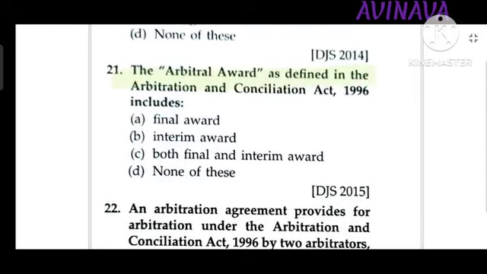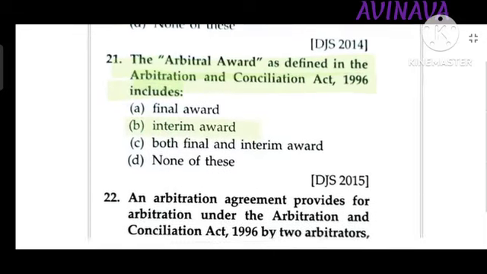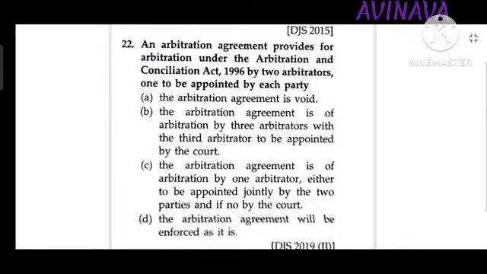An arbitration award as defined in the Arbitration and Conciliation Act 1996 includes an interim award. An arbitration agreement provides for arbitration under the Arbitration and Conciliation Act 1996 by two arbitrators, one to be appointed by each party.